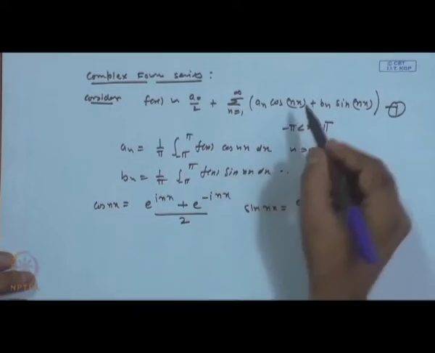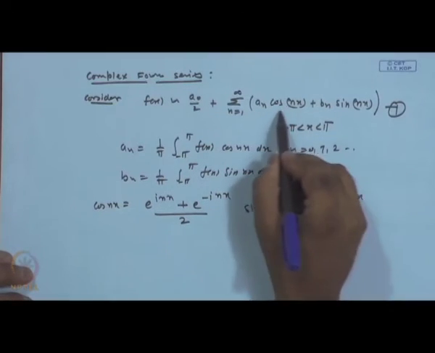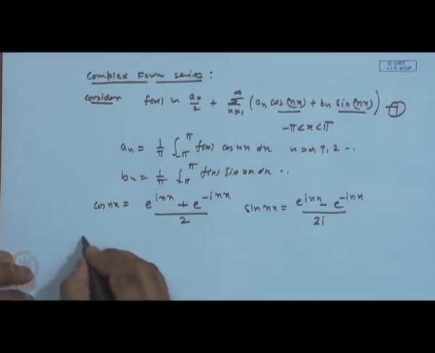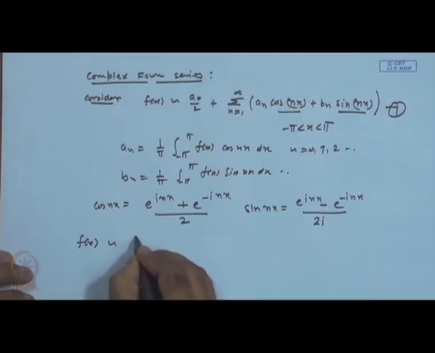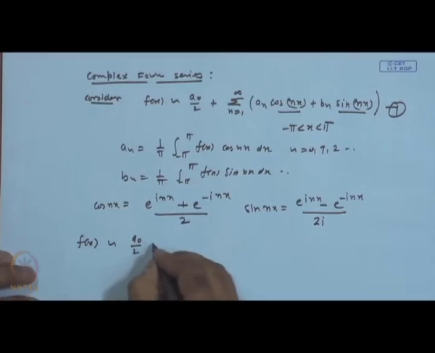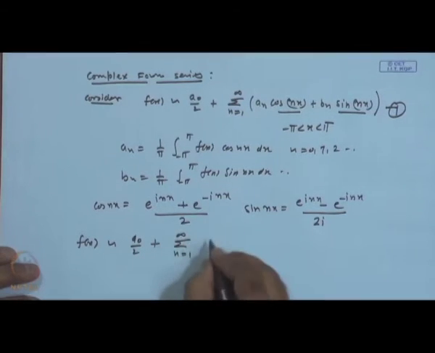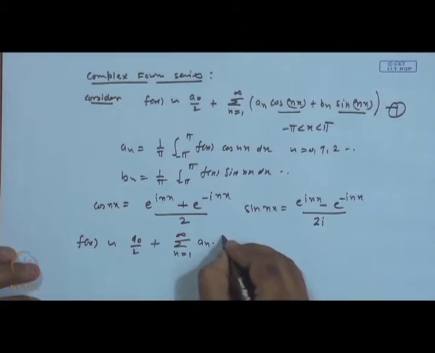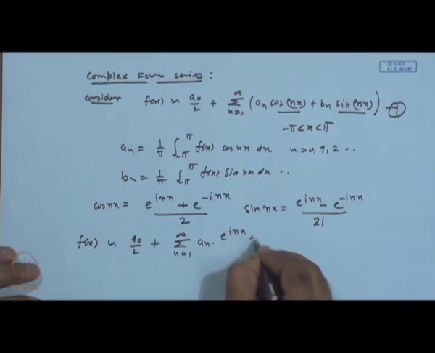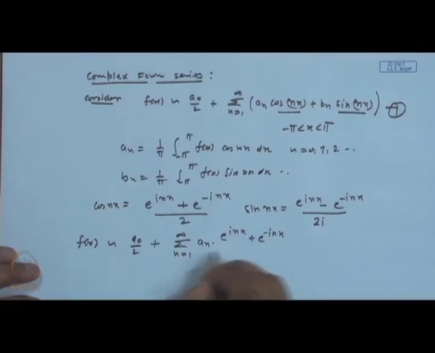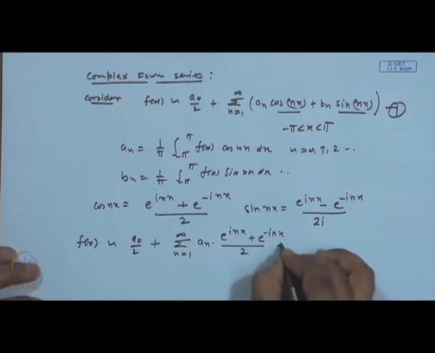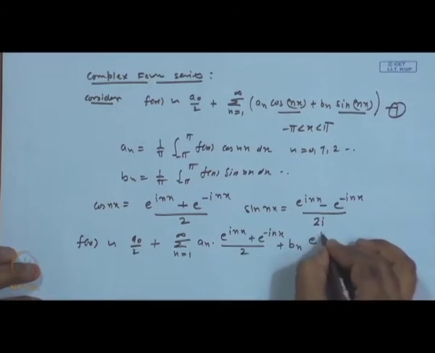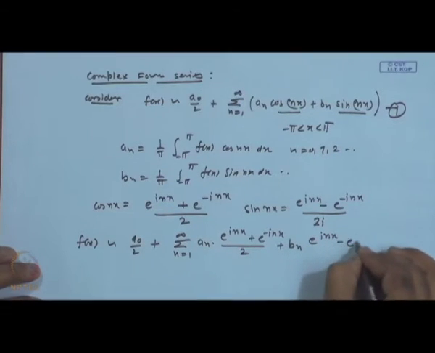Now, we substitute this in equation 1 for this cos n x and this sin n x term. So, what we will get is f x equals a naught over 2 plus sum n 1 to infinity of a n, for the cos, e to the i n x plus e to the minus i n x over 2, plus this b n, e to the i n x minus e to the minus i n x over 2i.